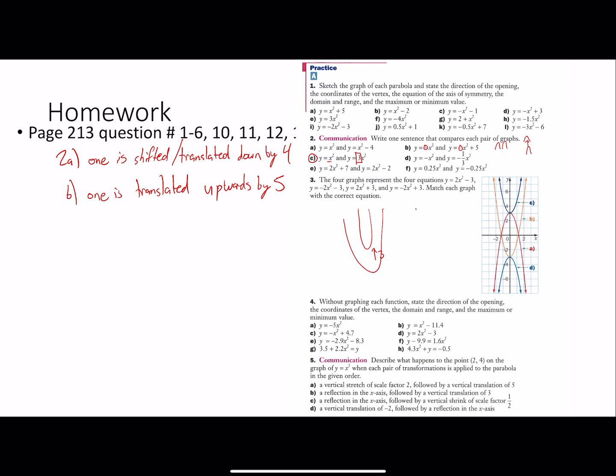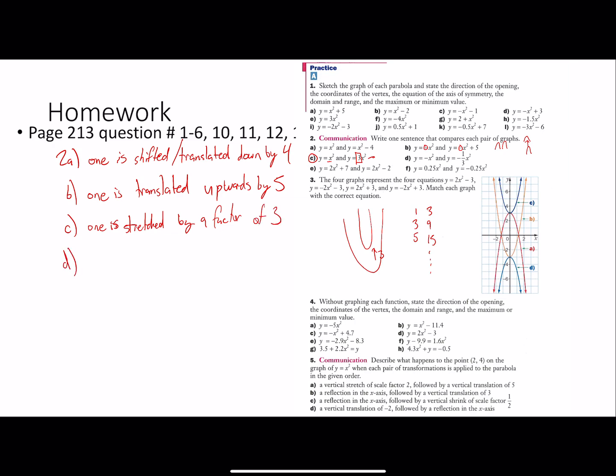Remember, our base case step pattern is 1, 3, 5. The second one is going to be 3, 9, 15, etc. So C, 1 is stretched by a factor of 3.